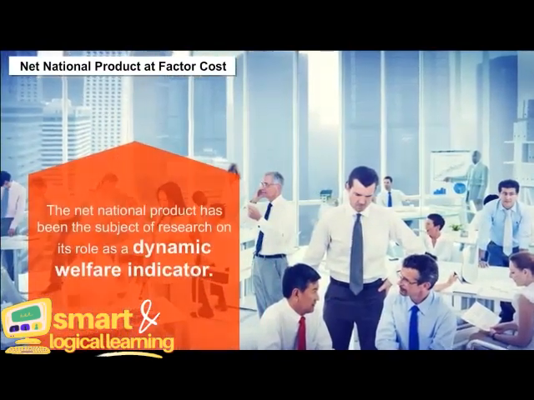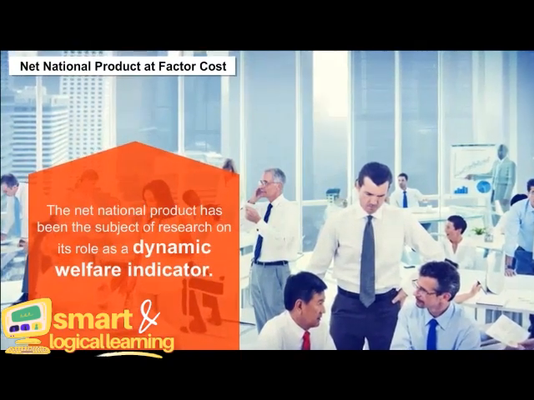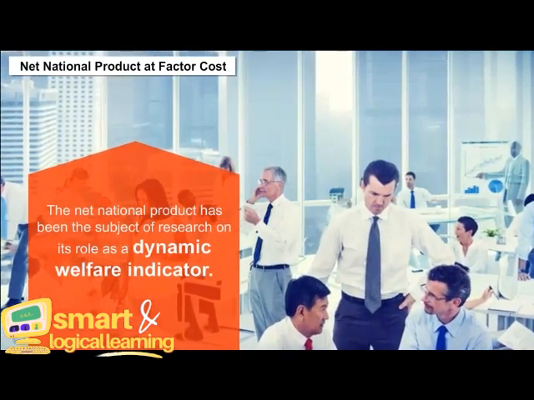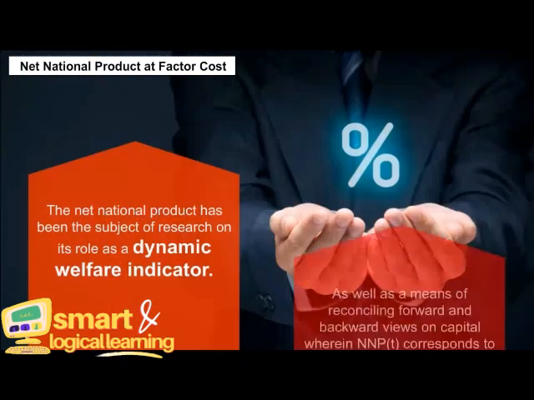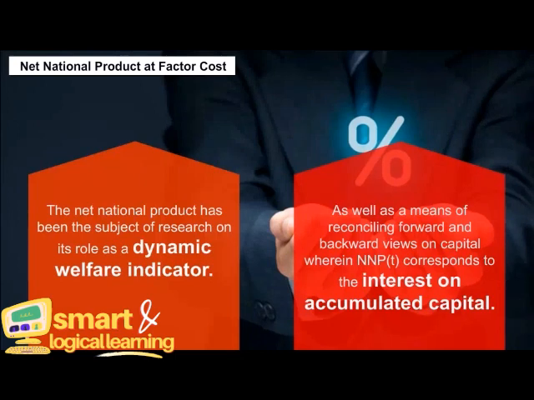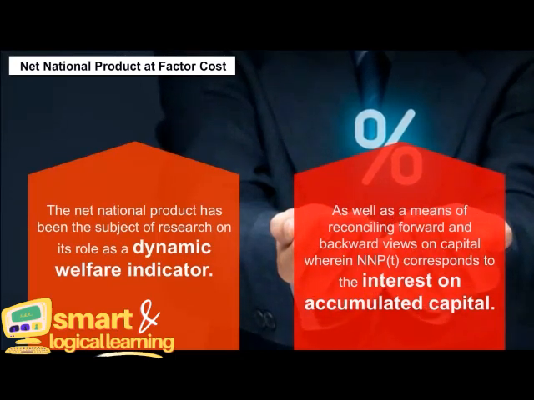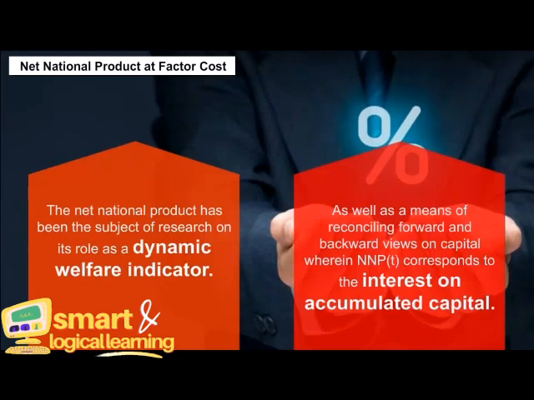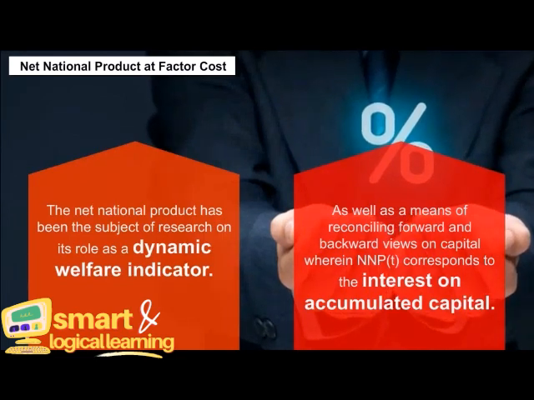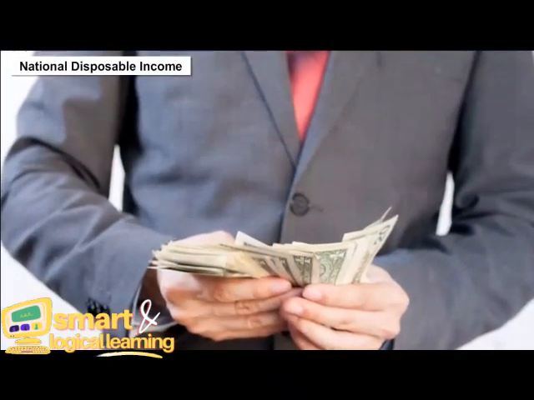Nonetheless, the net national product has been the subject of research on its role as a dynamic welfare indicator as well as a means of reconciling forward and backward views on capital, wherein NNP corresponds to the interest on accumulated capital. National disposable income.